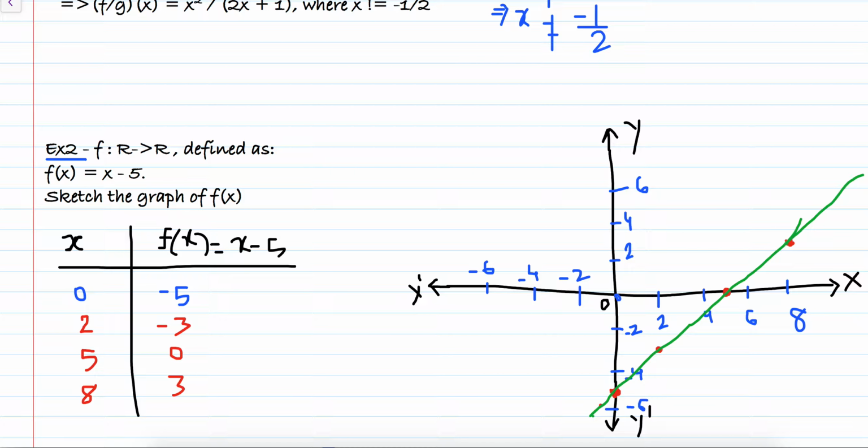We should also write the coordinates here. So this is 8 and 3. So the x coordinate should come first. 8, 3. This is 5, 0. This is 2, minus 3.